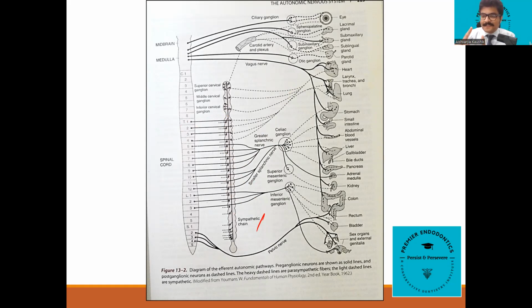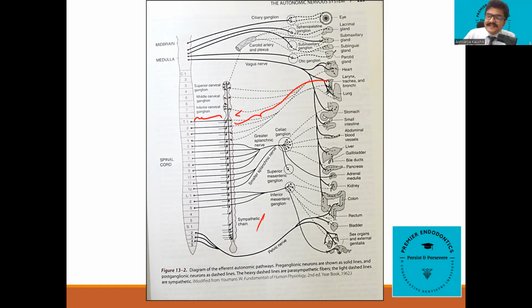This leads us to the next MCQ from general anatomy and neuroanatomy. That the preganglionic nerve fibers, that is before the ganglion, are shorter than the post-ganglionic nerve fibers of the sympathetic nervous system.